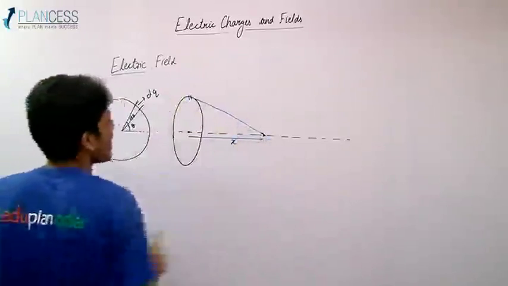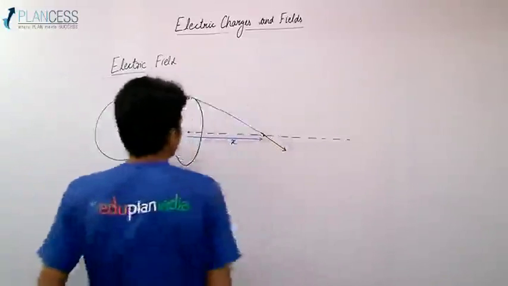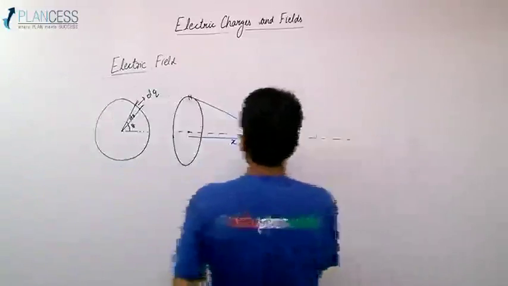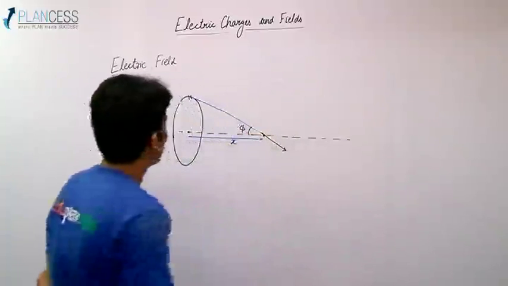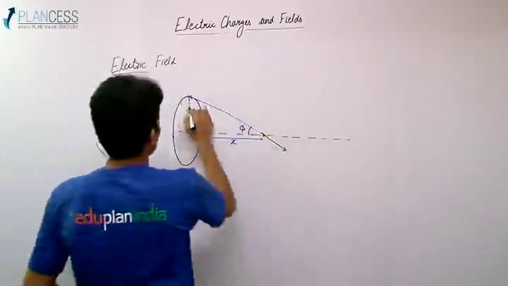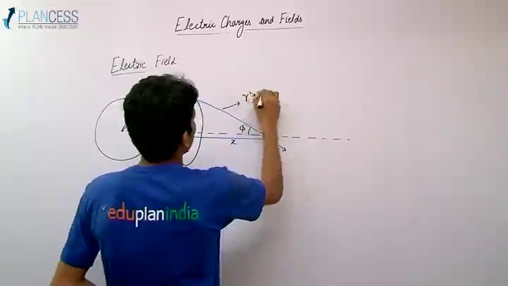The electric field exerted by this d theta at this point would lie in this direction. If this angle is, let's say, phi, and this radius is r, this distance would be root over r square plus x square.